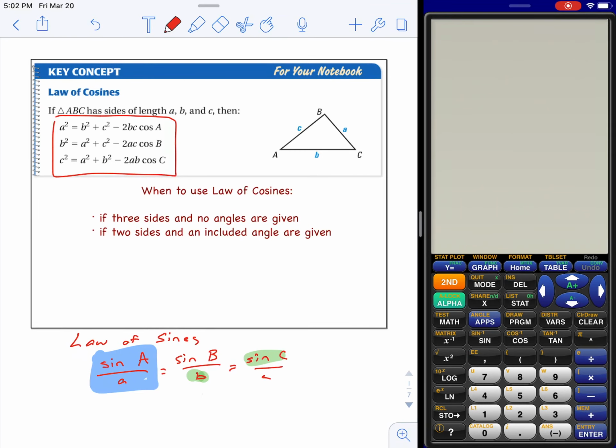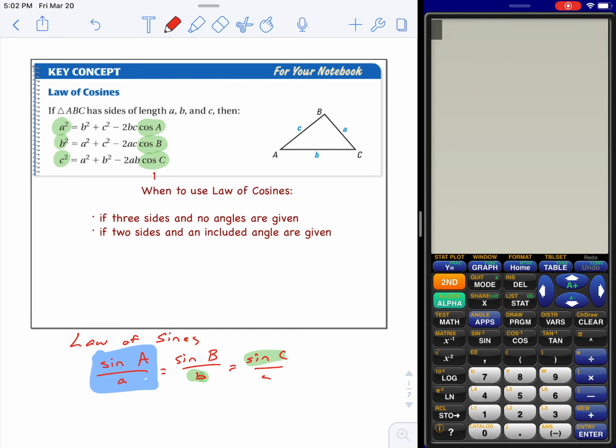What you're looking for as to which equation you want to use is what side or what angle are you looking for. If you need side A or angle A, you're going to use that top equation. If you need side B or angle B, you'll use the middle equation. Or if you need side C or angle C, you'll use that bottom equation.